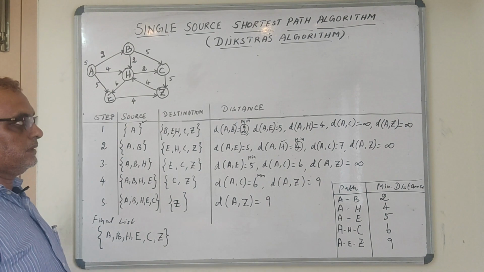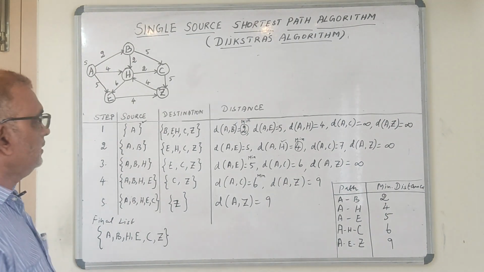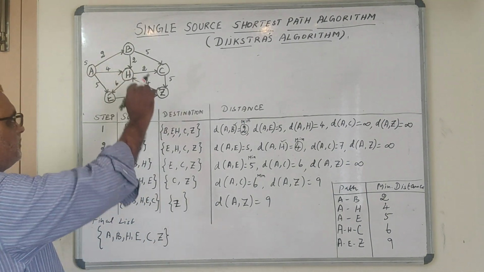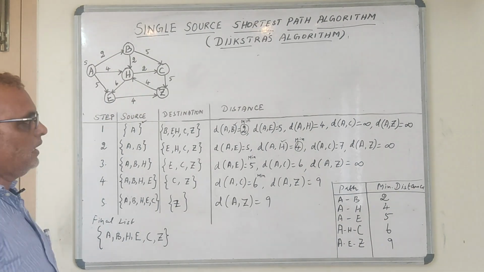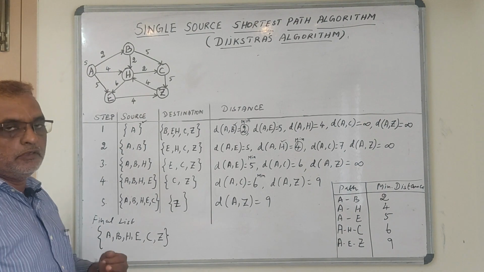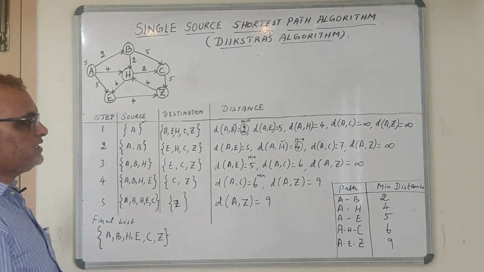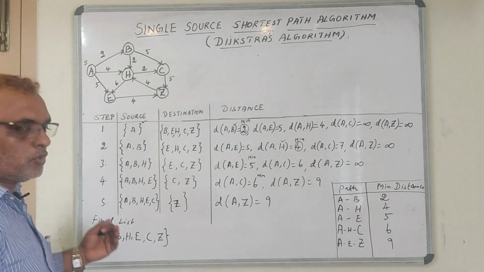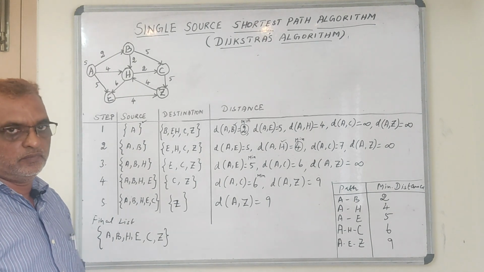Here the problem is given, which is represented in the form of a graph, and we have to find out the minimum cost to reach a destination node from a source node.